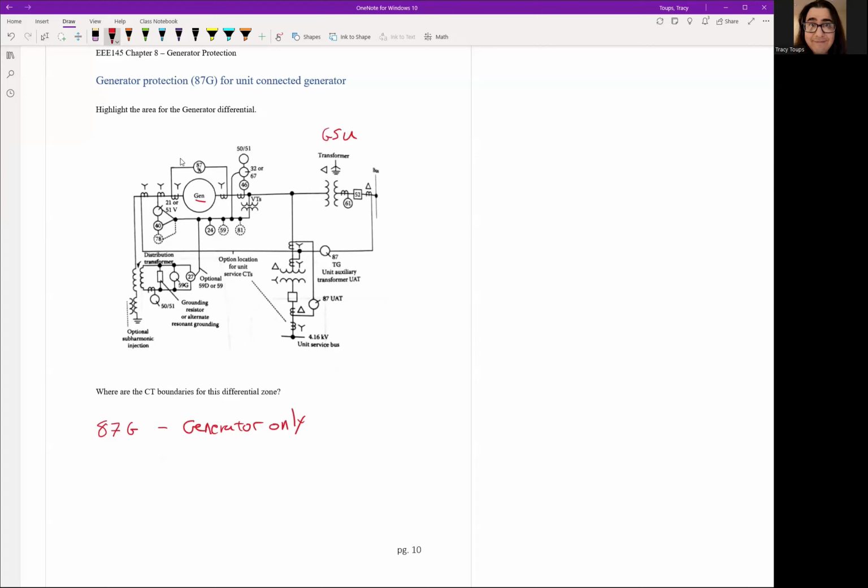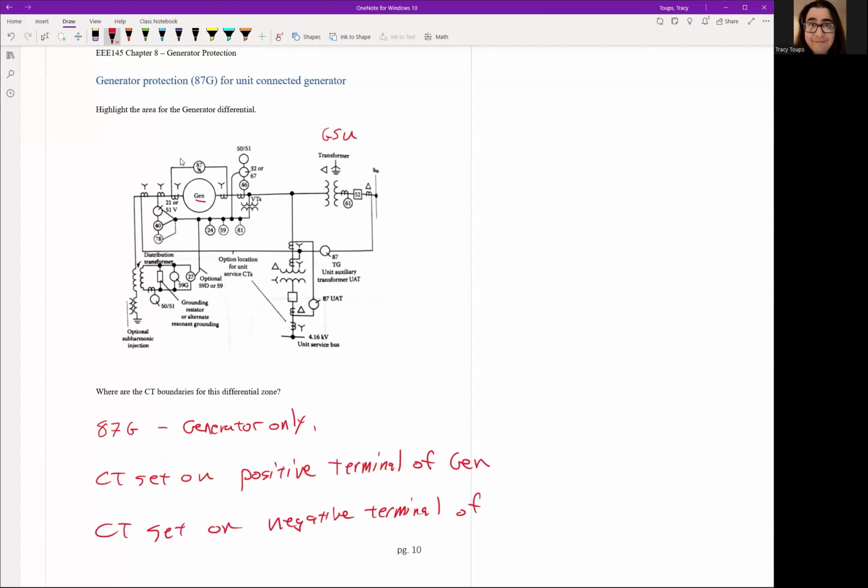Well, if we only want the generator, we're going to have to put a CT set on the positive terminals of the generator. And then we're going to put another CT set on the negative terminal of the generator. Okay. And so coming over here, this is a positive wire coming out. This is a negative wire coming in.